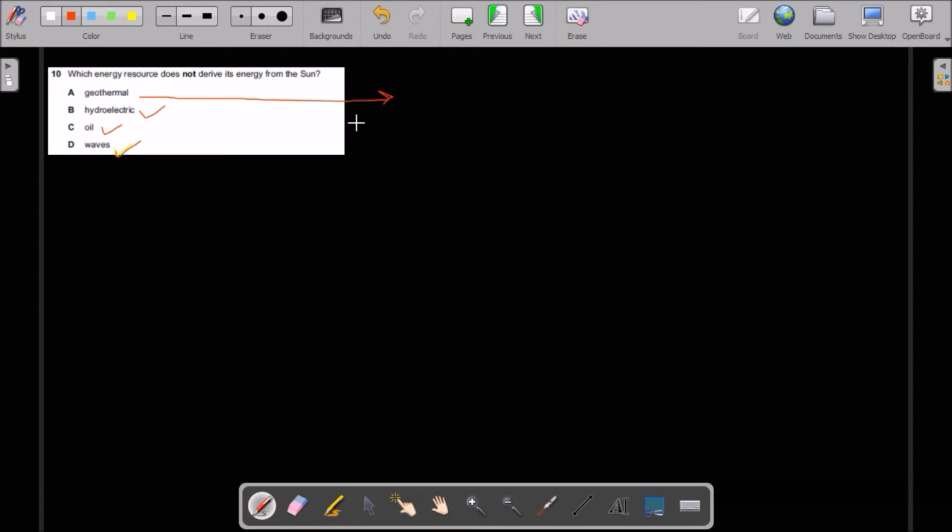Geothermal energy is created by radioactive decay of material inside the earth. That's why A will be right, because geothermal is not created by or derived from the sun.